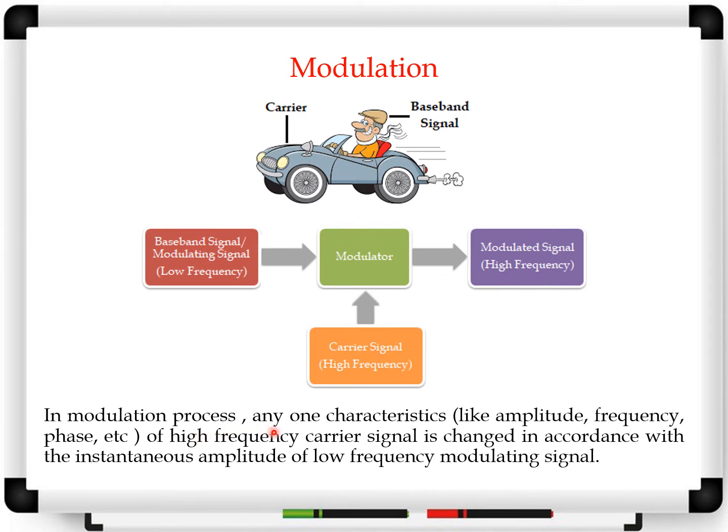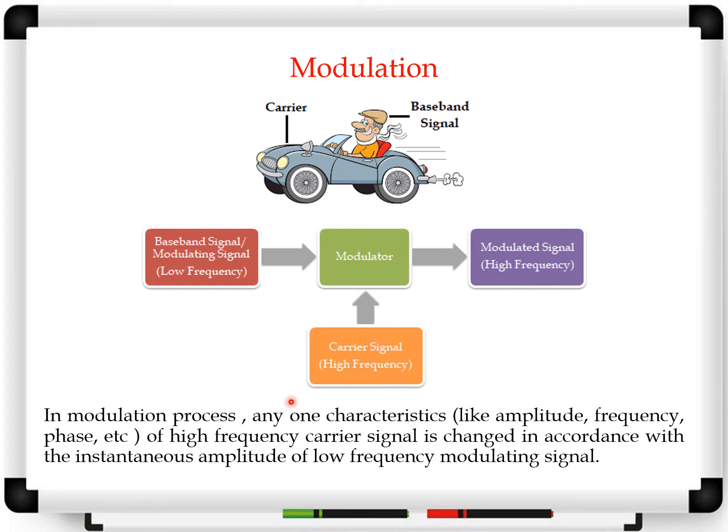Now what is happening in the modulation process? In modulation, any one characteristic like amplitude, frequency, phase, etc. of the high frequency carrier signal is changed in accordance with the instantaneous amplitude of the low frequency modulating signal. Those characteristics are amplitude, frequency or phase.